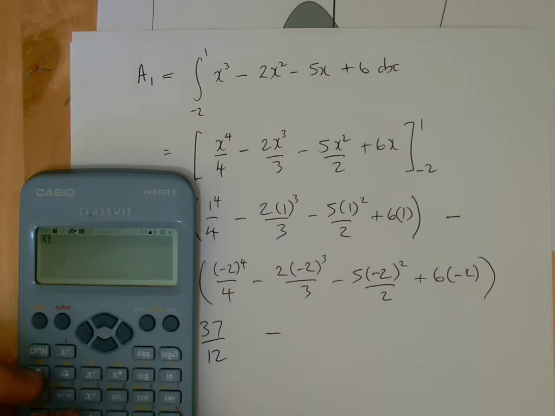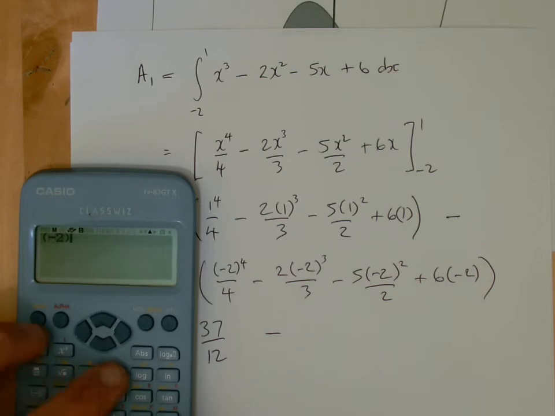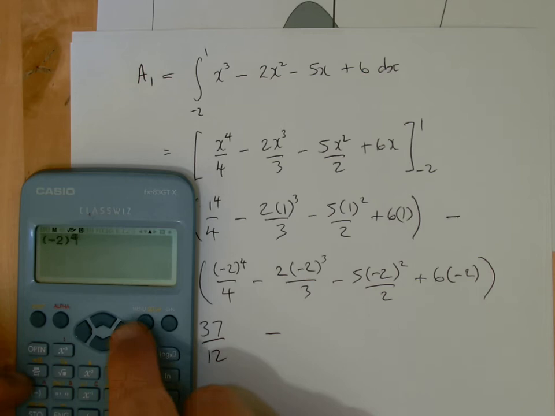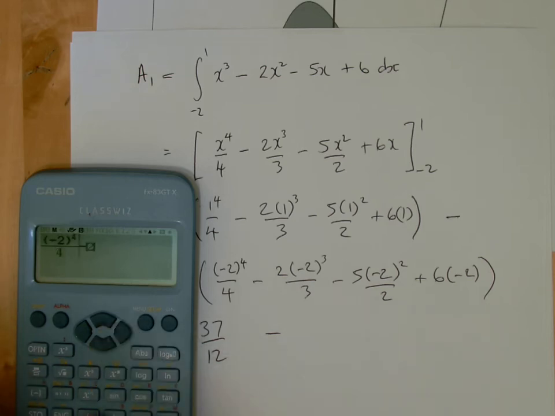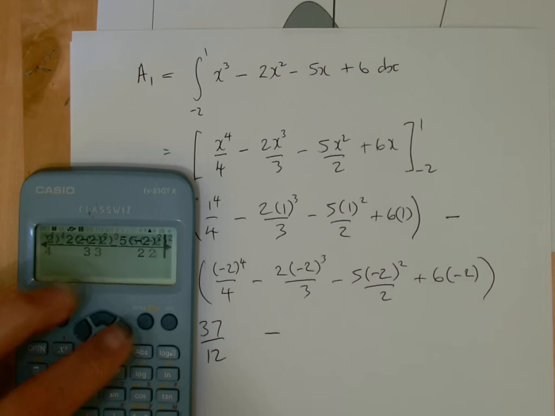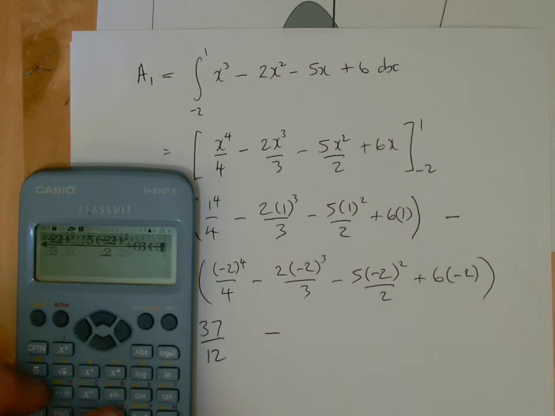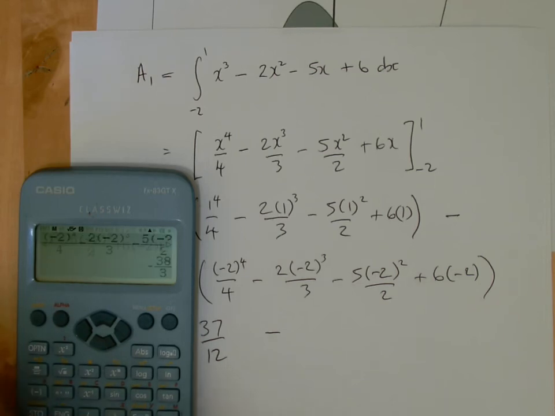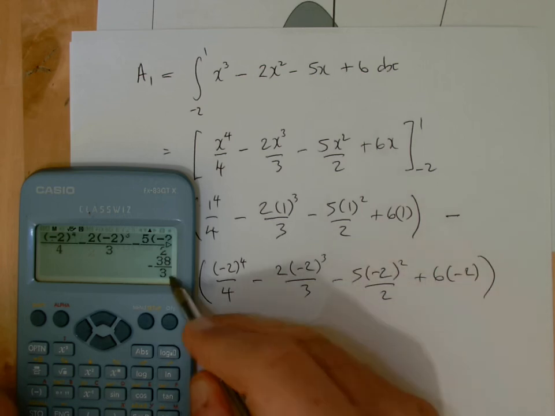So -2 to the power 4 all over 4, -2 times -2 cubed all over 3, minus 5 times -2 squared all over 2, plus 6 times -2. So we get that out, but that comes out to be a minus.